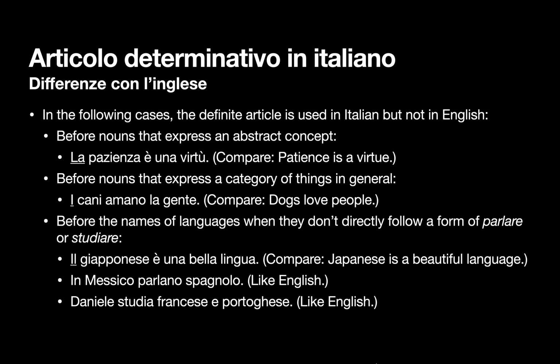However, if you're going to say something like Japanese is a beautiful language, it's not quite like that in Italian. They would say il giapponese è una bella lingua. Il giapponese. So most of the time when you are talking about a language, you'll want to make sure to use the article with it.